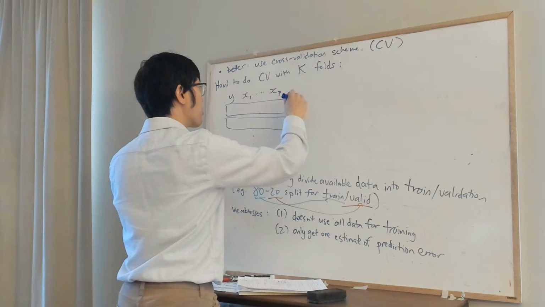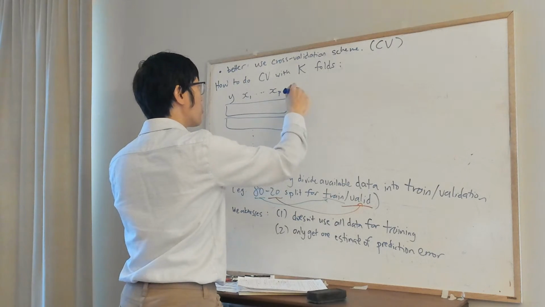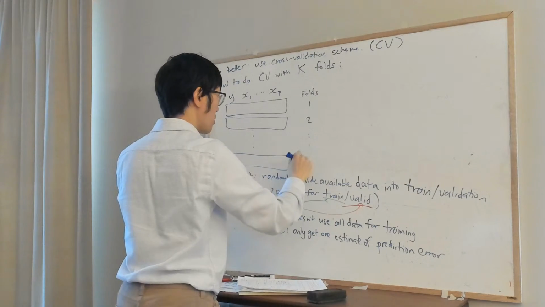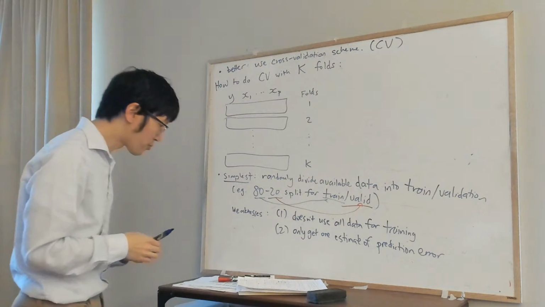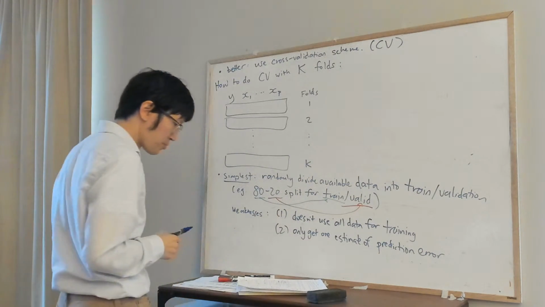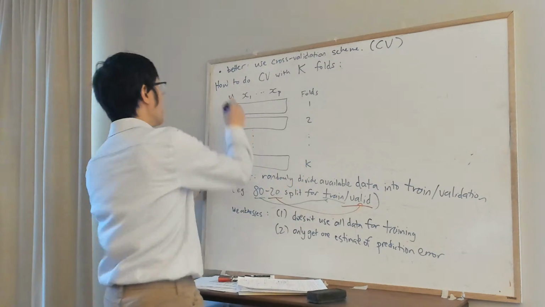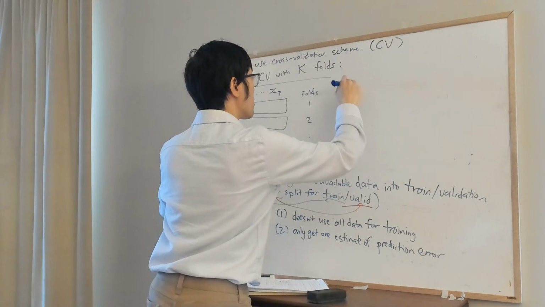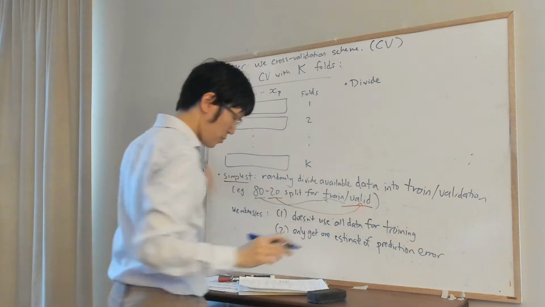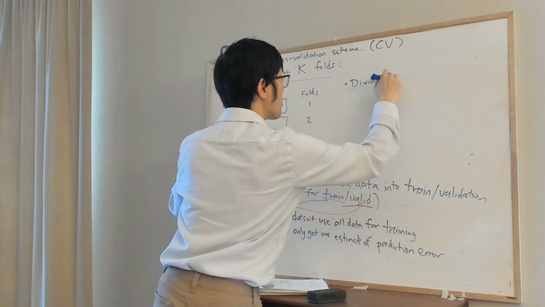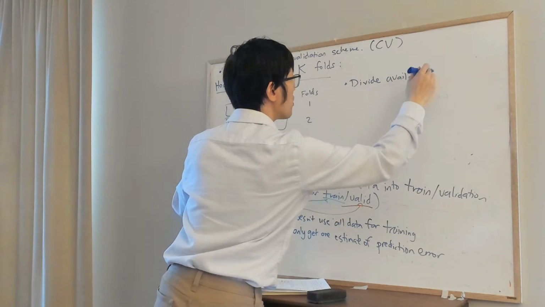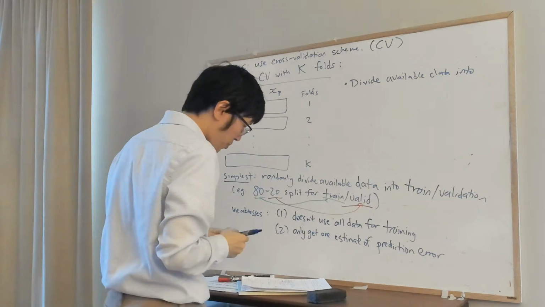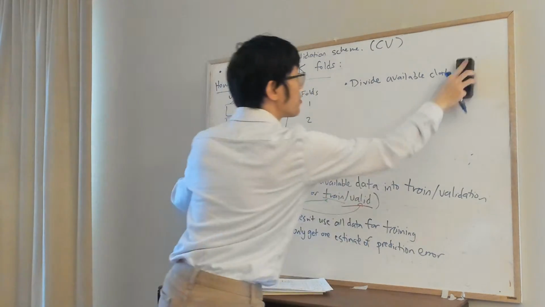Okay, so let's call this part folds. So we call these things folds, 1 up to k. So what we do is we divide, what this picture is showing is we divide our available data. Well, I should be specific here.